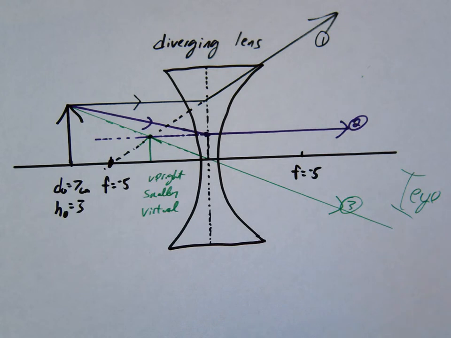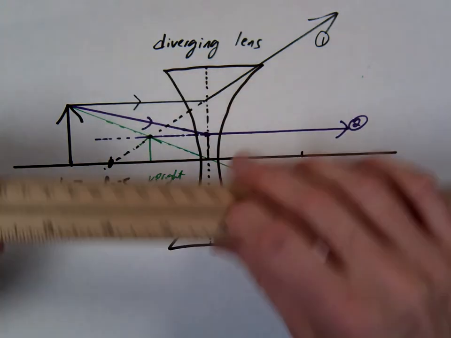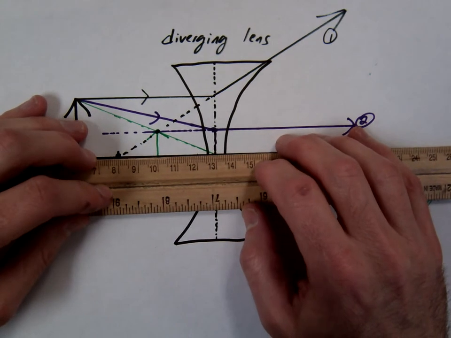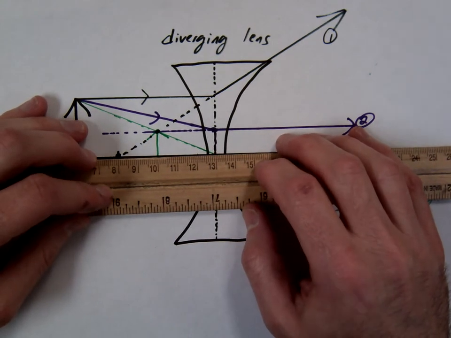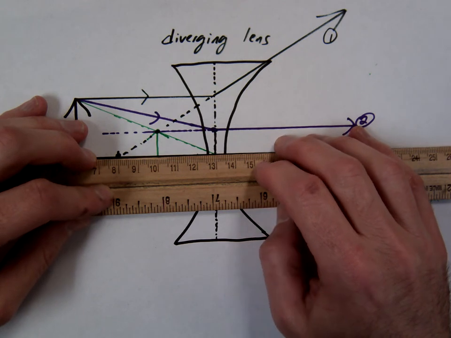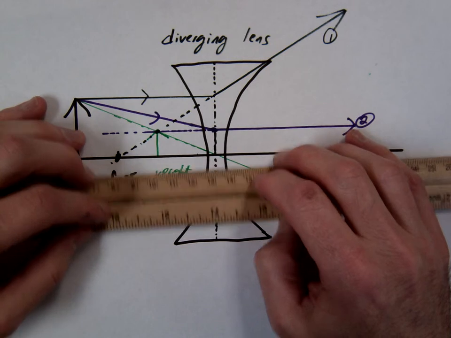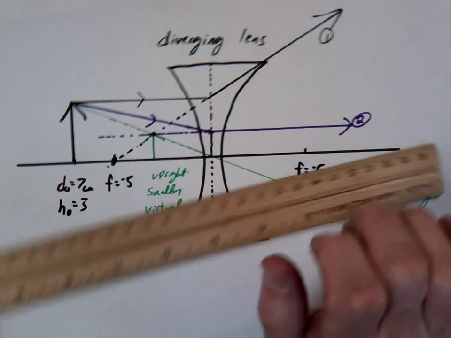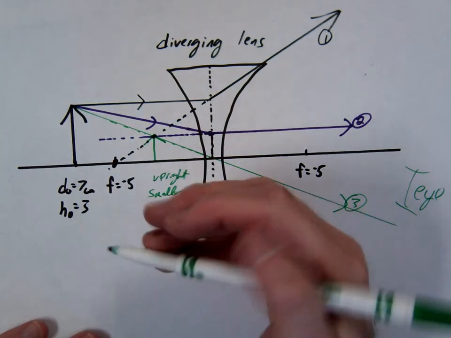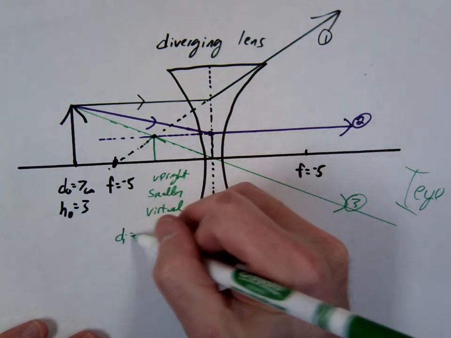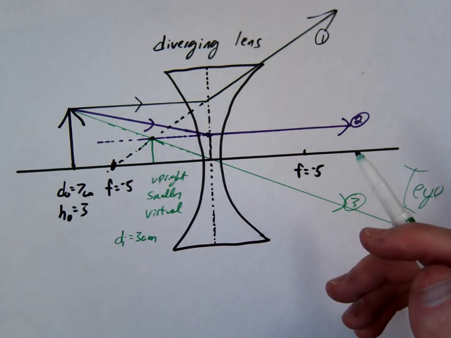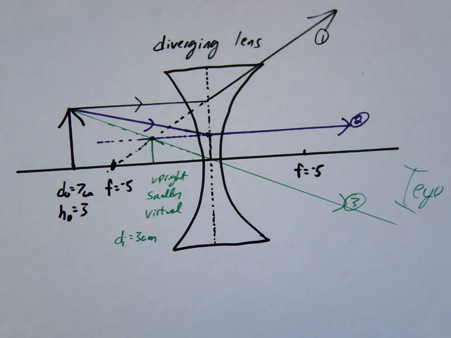Okay? Alright, let's go ahead and measure. See what we get. See how good our drawings are. Getting about 3. Alright, is that what you guys got? DI of 3, something like that. 3.1, 3.2, something.